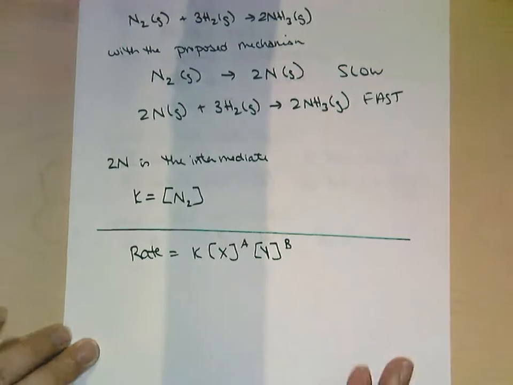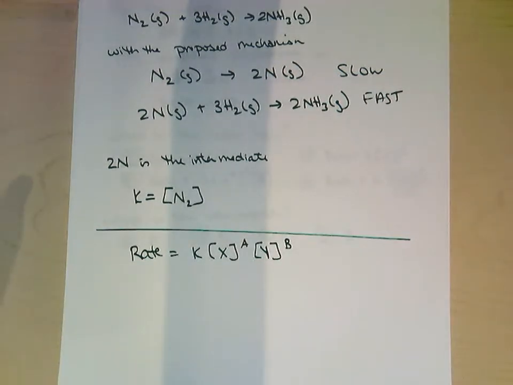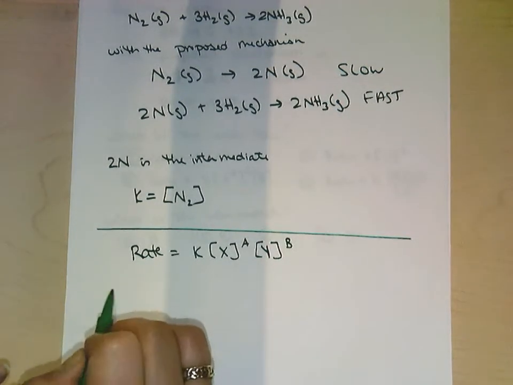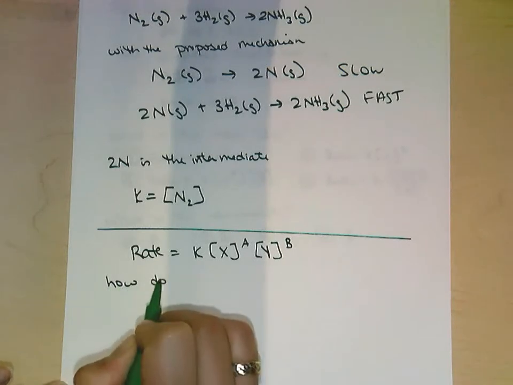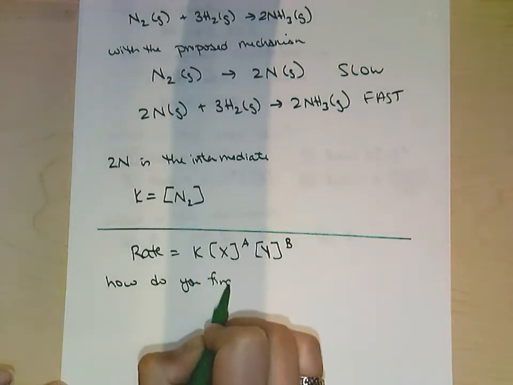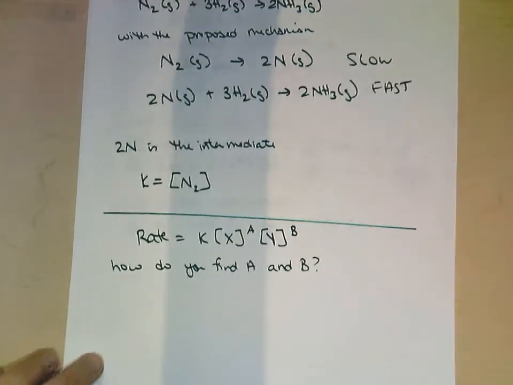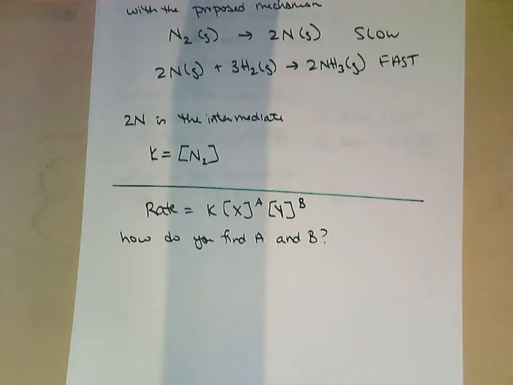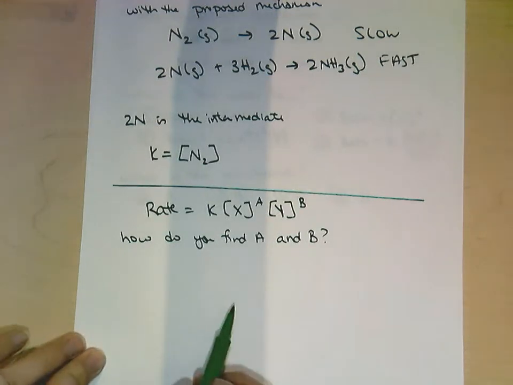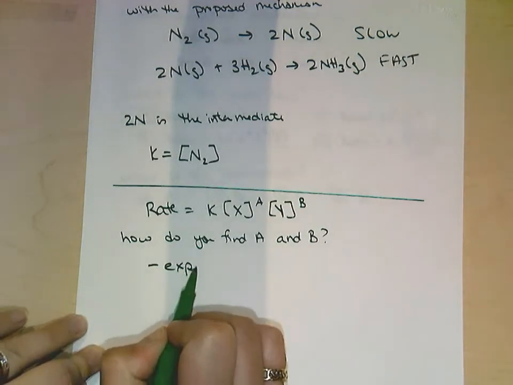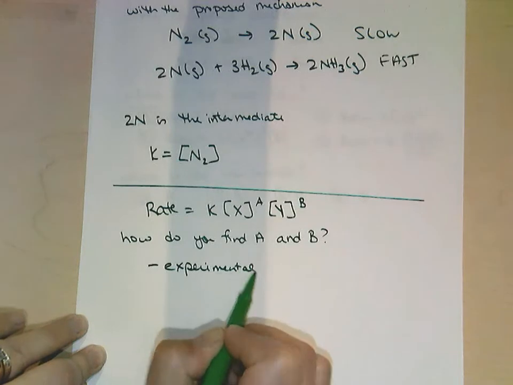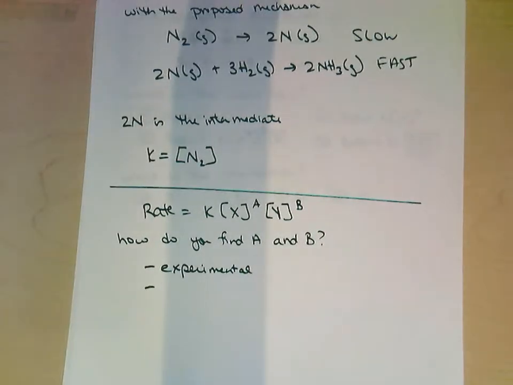Okay, I have this rate equation. So, one, it has to be experimental, right? And what do we do to find it experimentally?